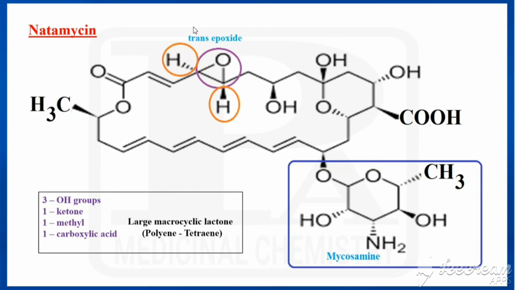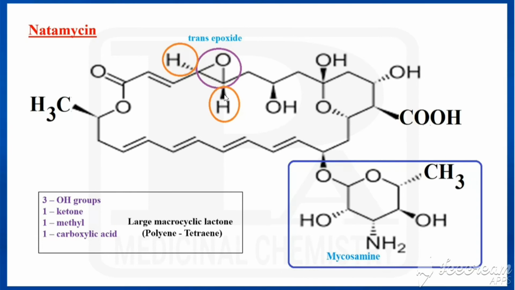Which epoxide is it? It is a trans epoxide. Why is it trans? Because in these two carbons here, one hydrogen is connected to the carbon by means of alpha configuration, whereas here hydrogen is connected to this carbon by means of beta configuration. If both configurations were alpha, it would be called cis. If both were beta, it would be called cis, because if they are the same, it is cis.